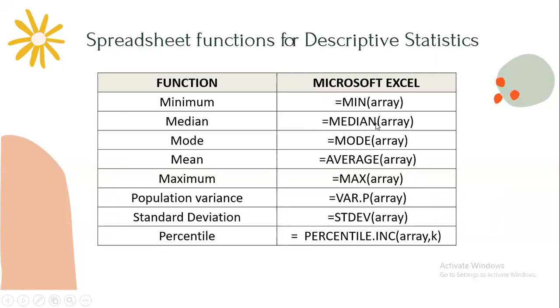Similarly, you can use this formula to calculate the median, this formula for the mode, the average, the maximum value, the population variance, the standard deviation, the variance, and the percentile. So you should just know these things.